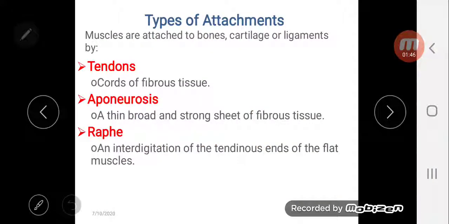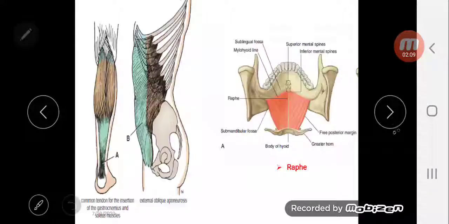Types of attachment: muscles are attached to the bone, cartilage, or ligament by tendons, which is a cord of fibrous tissue. Aponeurosis, which is a thin, broad, and strong sheath of fibrous tissue. Raphe, which is an interdigitation of the tendinous end of the flat muscle.